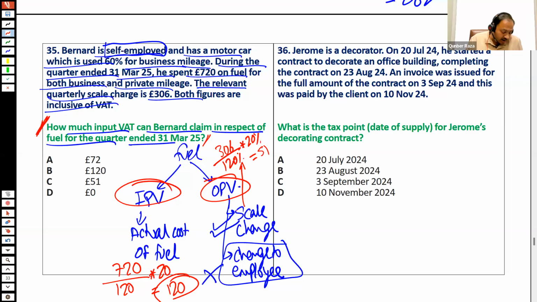You need to think what should be the answer. Should it be output minus input net, or are we supposed to respond with the gross input VAT amount? What should we respond?